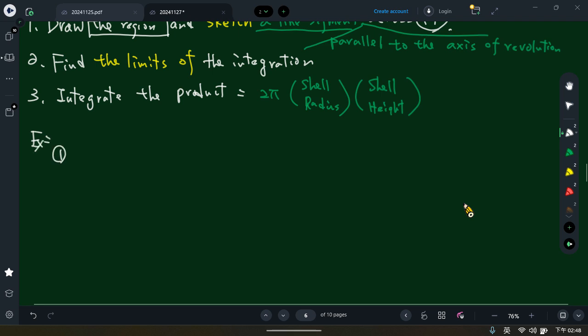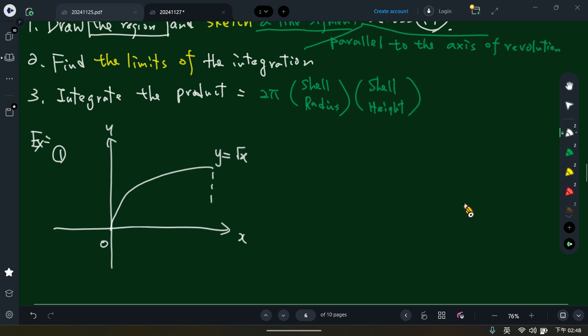If the first step is here, I give you the simple example: y is equal to square root of x. This is x, this is y. Then from 0 to 4, this is the plane region, right?